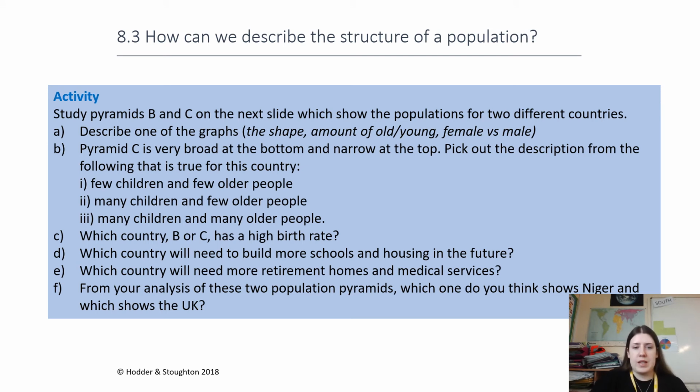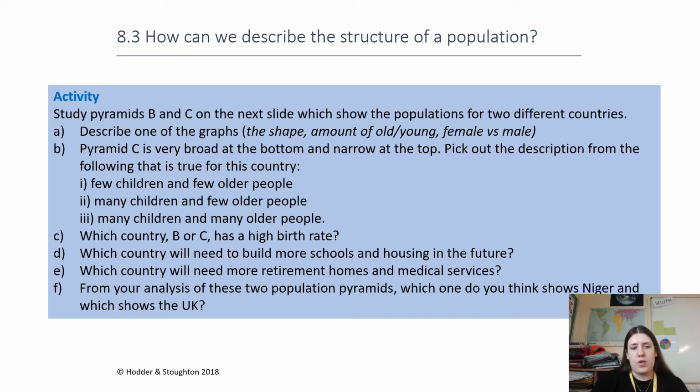With country B or C, you're looking at it and thinking who has the higher birth rate. If you've got a higher birth rate, think which cohort, which group of people, would be larger, and then a few other questions.